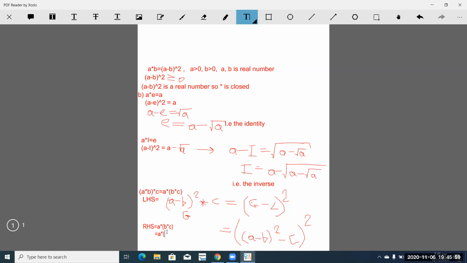Now the B star C, as you rightfully said, is the first number B minus the second number C, then we square it. So now A star B minus C all square is going to be the first number A minus what?